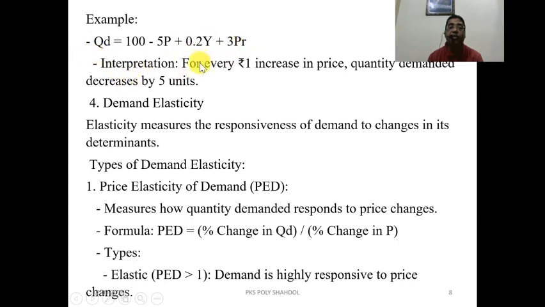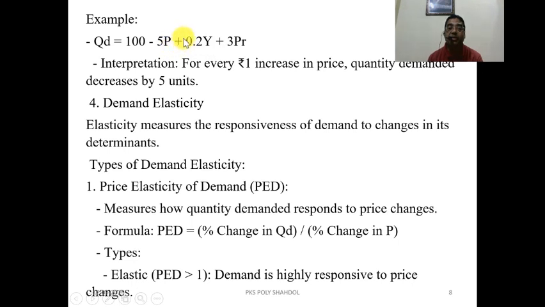Interpretation: for every 1 rupee increase in price, quantity demanded decreases by 5 units. The coefficient minus 5 represents that when the price of the good increases by one unit, demand QD decreases. Similarly, 0.2Y means that when the income of the consumer increases by 1 unit, demand increases by 0.2.